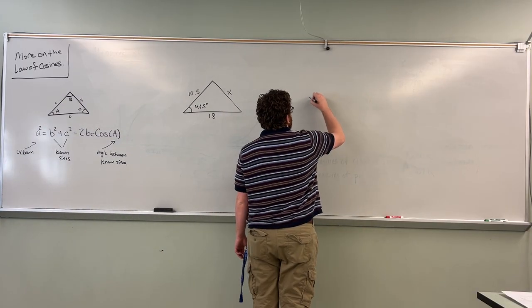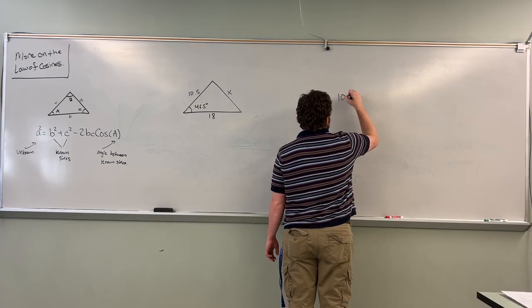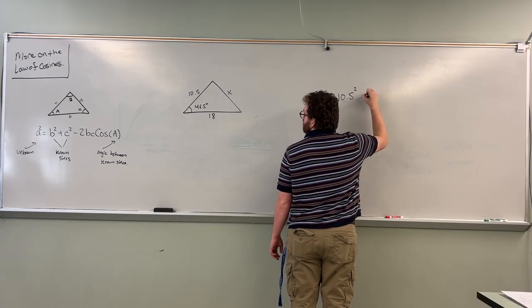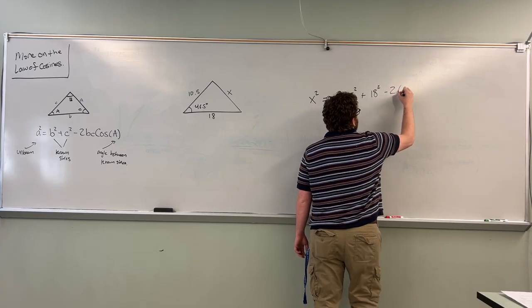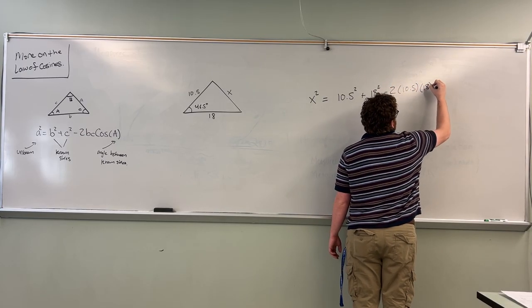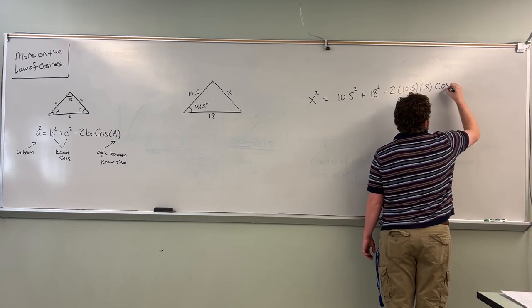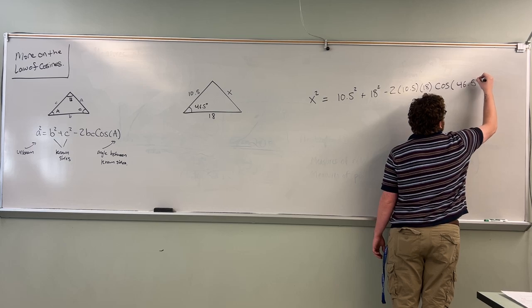So our unknown side squared is equal to the sum of the squares of our known sides minus 2 times their product times the cosine of the angle between them, which here is 46.5 degrees.